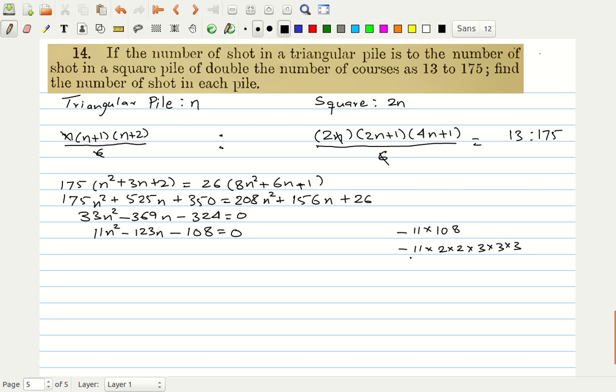So if I combine 11 times 4 is 44, 44 times 3 is, yeah, so minus 132 times 9 gives us minus 11 times 108, and minus 132 plus 9 gives us minus 123.